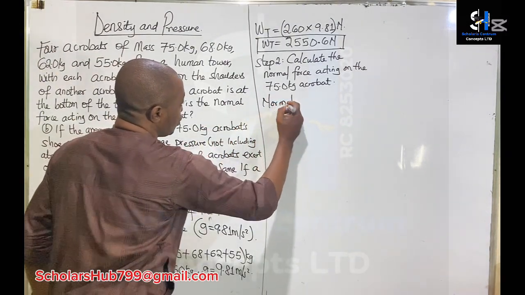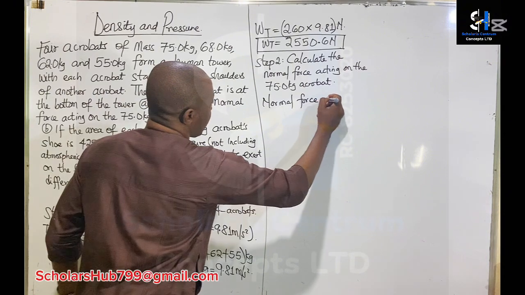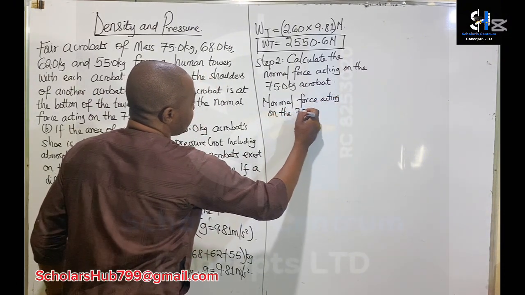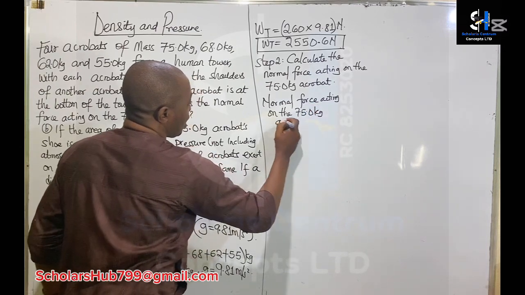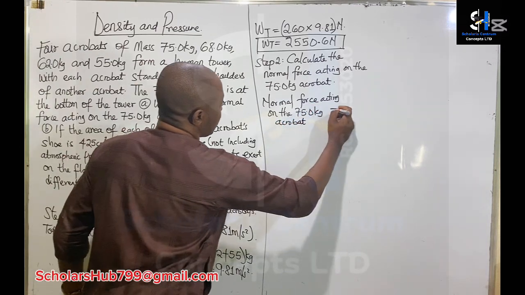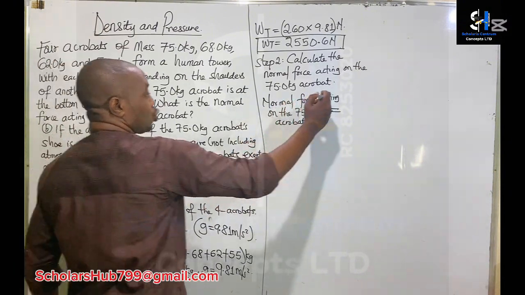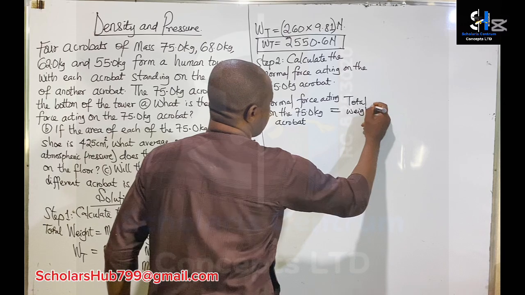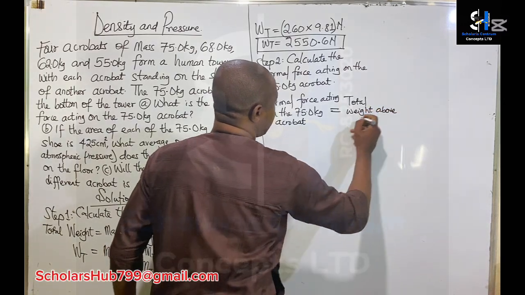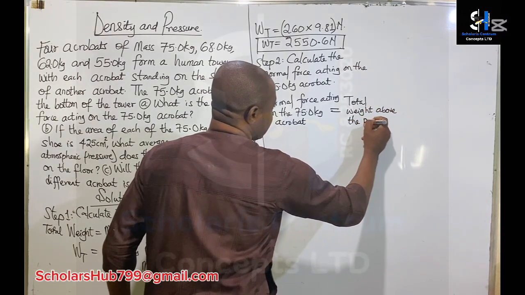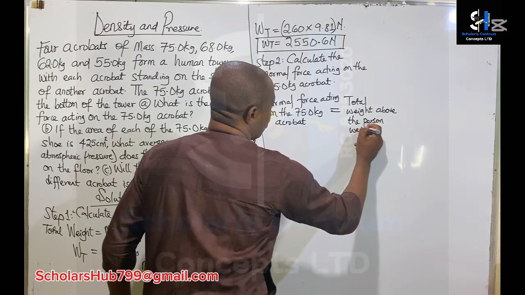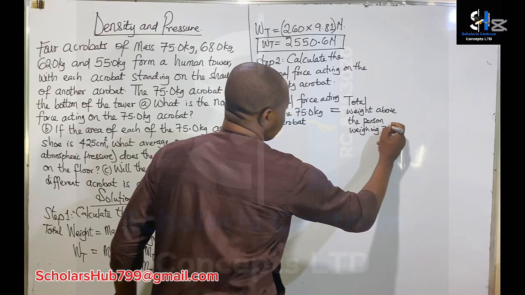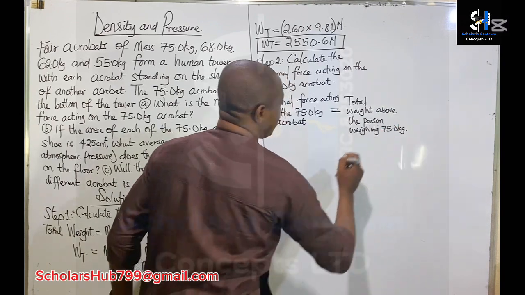In this case, this is very important. Note, the normal force acting on the 75.0 kilogram acrobat is equal to the total weight above the person weighing 75.0 kilograms.